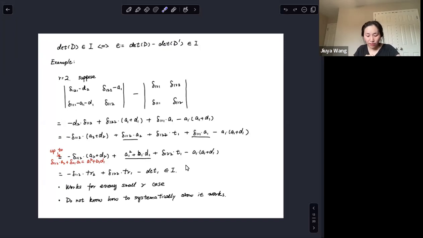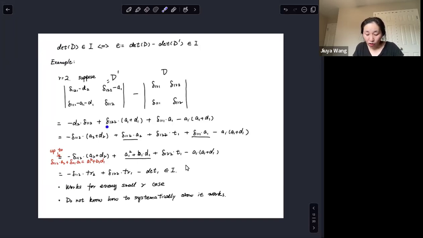present one very small toy case, R equals 2. Let's say this is our D prime, and this is our D. To compare these two determinants, you can first expand them. The terms with delta degree 2 automatically cancel for these two determinants, so you start with terms that have delta degree 1.